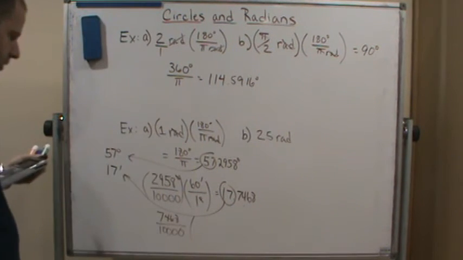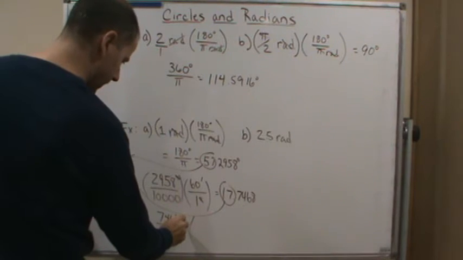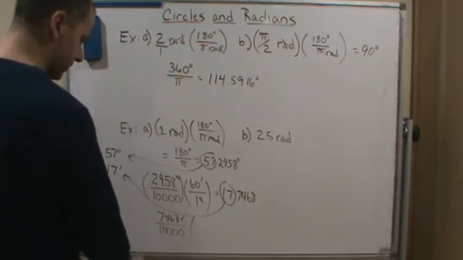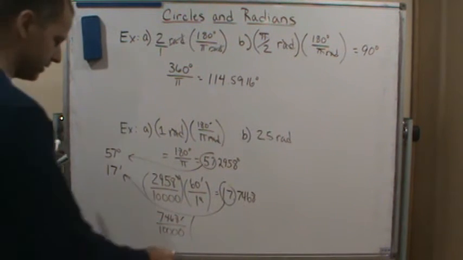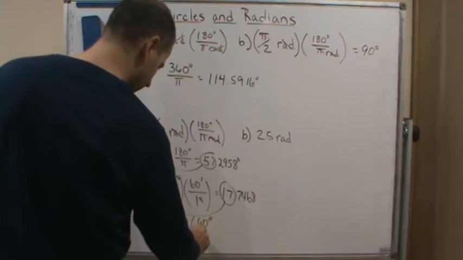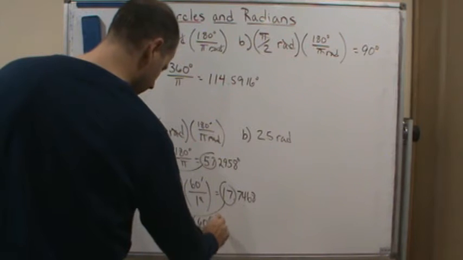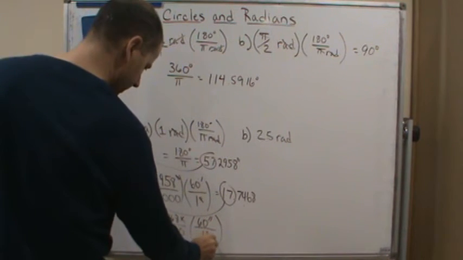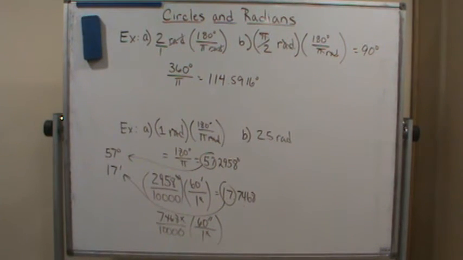And now we're going to use the conversion factor, because now these are in minutes, and now we want to convert this fraction into seconds. So we're going to use the fact that 60 seconds are in 1 minute. So the minutes cancel. And so what do we get?